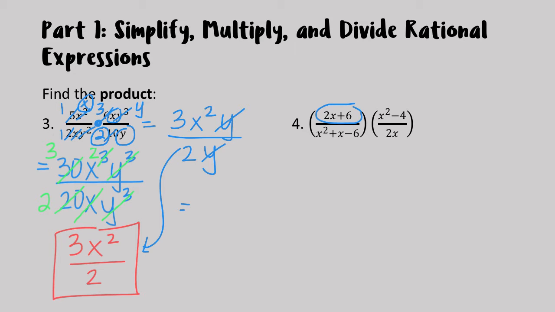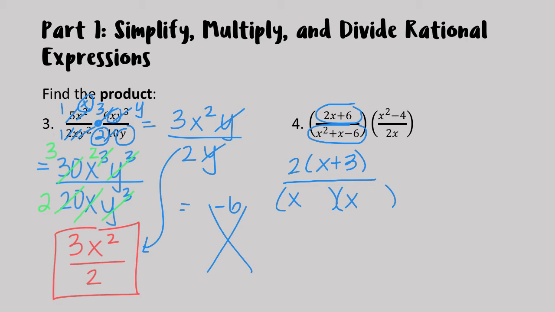So 2x plus 6, I can factor out a 2. 2 times x plus 3. In this denominator, I'm going to break that down. It's a quadratic, so I'm thinking of two numbers that multiply to get -6 and add to get 1. 3 and -2, x plus 3, x minus 2.